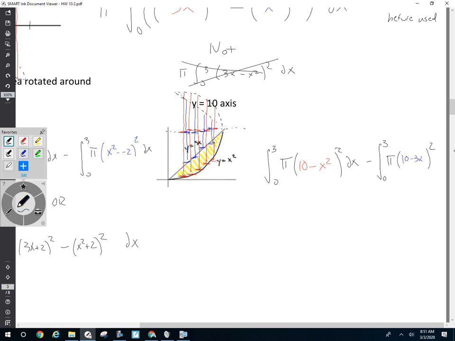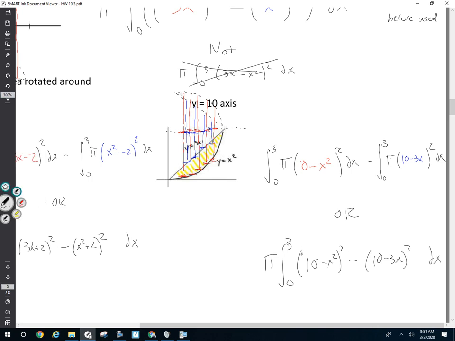And this is dx as widths, pi integral from 0 to 3 of (10 minus x squared) squared minus (10 minus 3x) squared. Now, what you will find is, since you are squaring things, if you flip-flop these things inside, it won't matter because you're going to be squaring it.